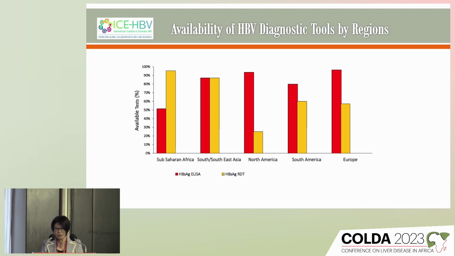This slide shows the availability of HBV diagnostic tools by region. As you can see in the red bar here indicating the surface ELISA test, Sub-Saharan had the lowest availability, only 50%. However, in the same region, HB surface rapid diagnostic test was available in over 95%.